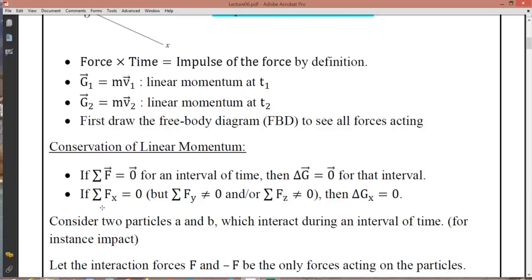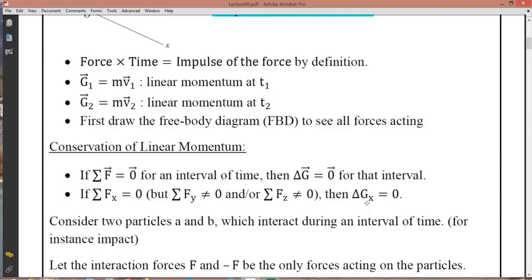So among these equations, if in one of the axes, in one of the directions, the summation of forces in that direction through that interval of time is equal to zero, then although the forces in the other directions are not equal to zero, the linear momentum in that specific axis where the net forces are equal to zero in that interval of time will remain the same.